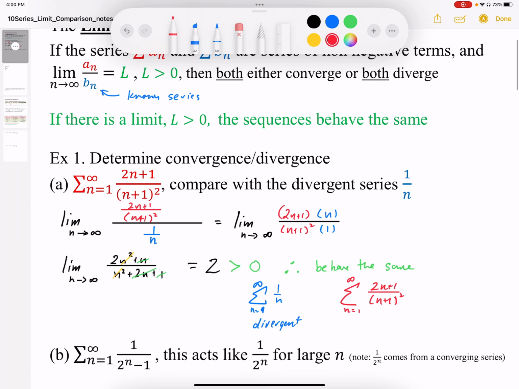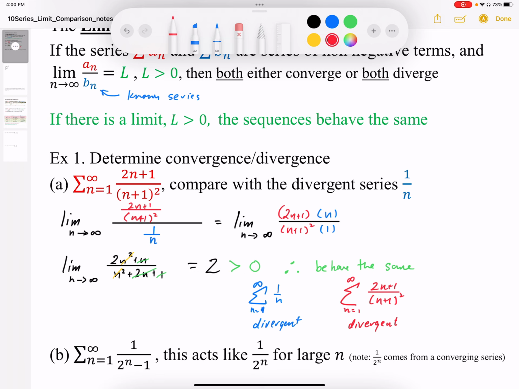So 1 over n is divergent, and it behaves the same as 2n plus 1 over n plus 1 squared. They must both be divergent.